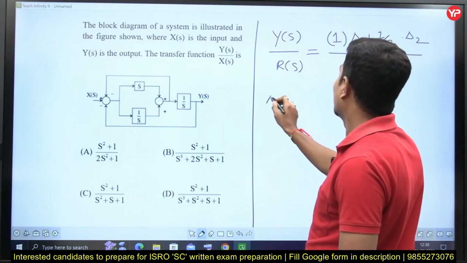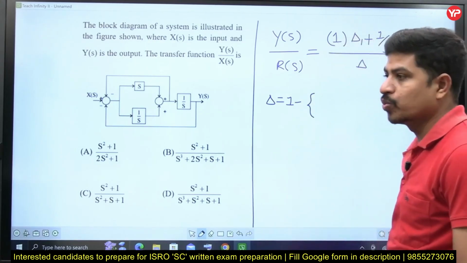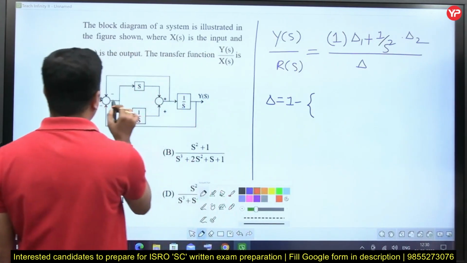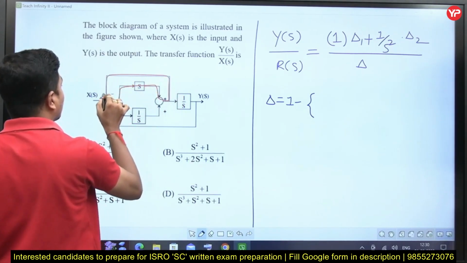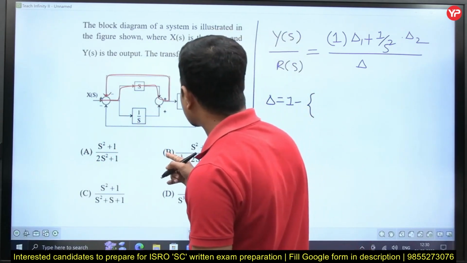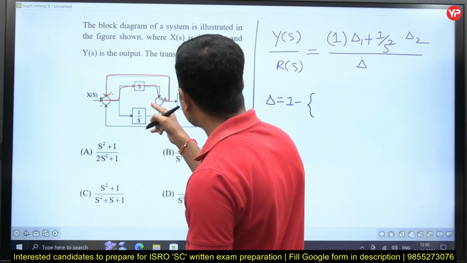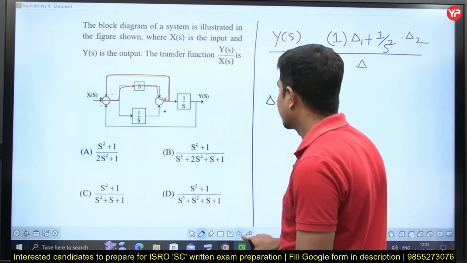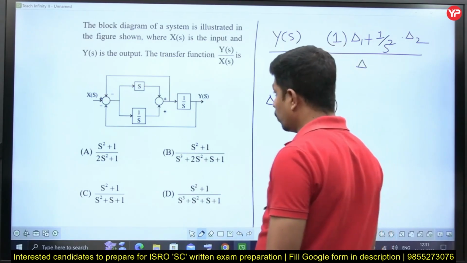But for finding delta, it is equal to 1 minus loops. Carefully we have to calculate loops. Observe all of you here. Whether these are correct or not, just let me know. I am starting at this. Yes, this is one loop or not? Yes, obviously that is a loop. What is that value? It is minus s, the sum of all the individual loop gains.